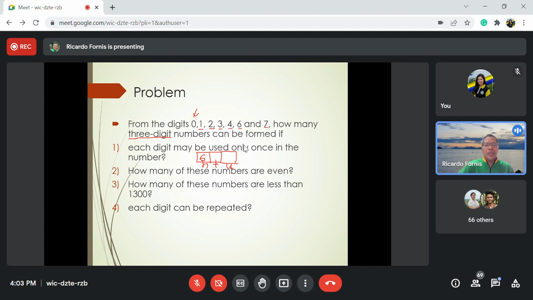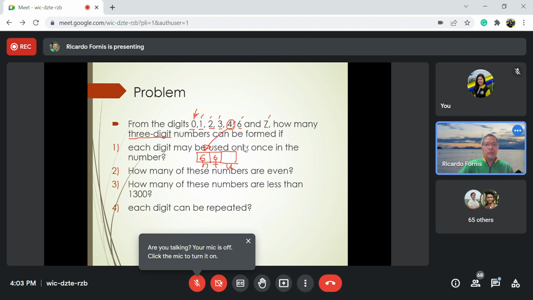What about the tens digit? For the tens digit, there are also 6 possibilities. Why? Because 0 is already allowed. Suppose 4 is placed here as the hundreds digit. Then we still have 0, 1, 2, 3, 6, and 7 to take as the tens digit.